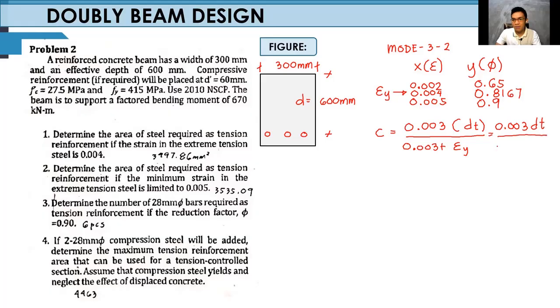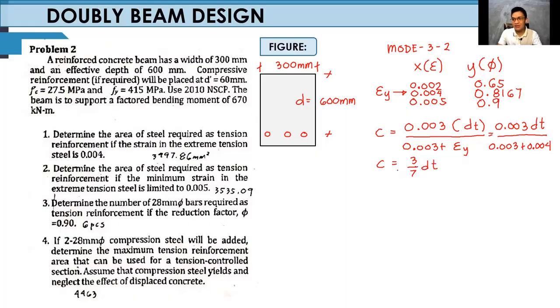Divided by, so, next is 0.003 plus 0.004 because that is the value of our epsilon t na binigay naman din sa atin. So, simplify lang natin to. C natin is equivalent to, using our calculator, that is 3/7 dt. So, magagamit natin yan mamaya. Okay?